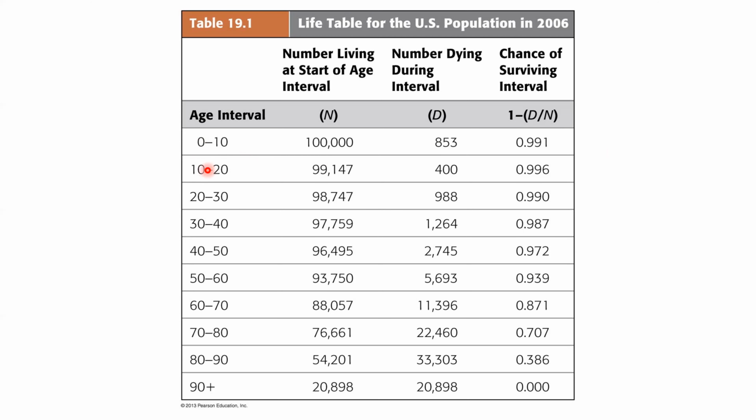So we have an age interval for individuals, then we have number of living in this interval and number of dying during this interval, and then we calculate a chance of surviving, right? So you can see for human, for us, the higher chances of survival are in the interval actually from 10 years to 20, right? 10 to 20.